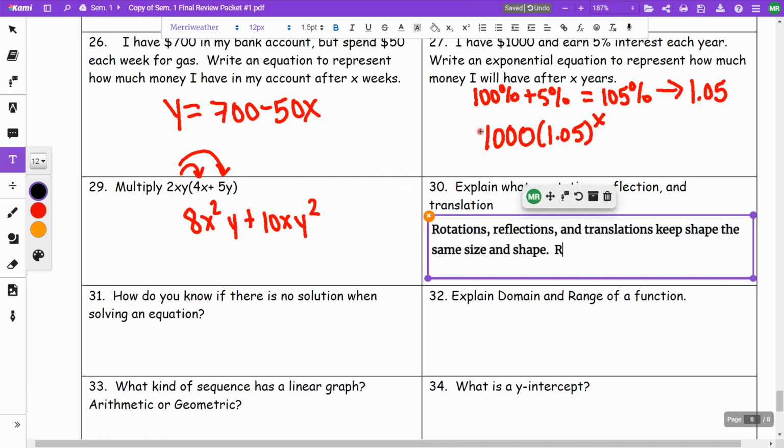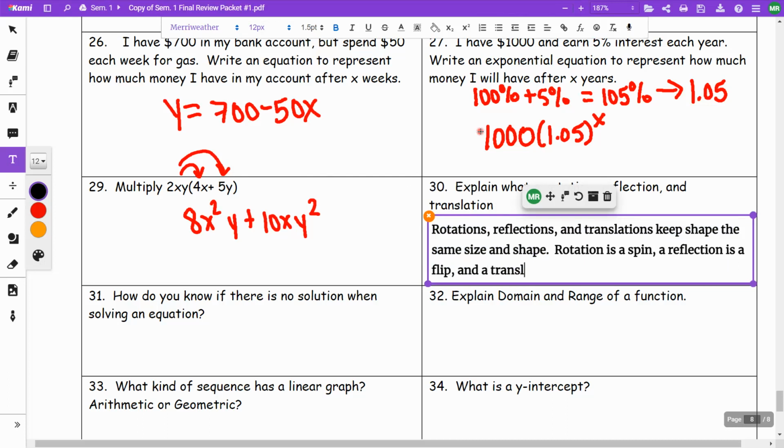A rotation turns. A rotation is a spin. A reflection is a flip. And a translation is a slide.